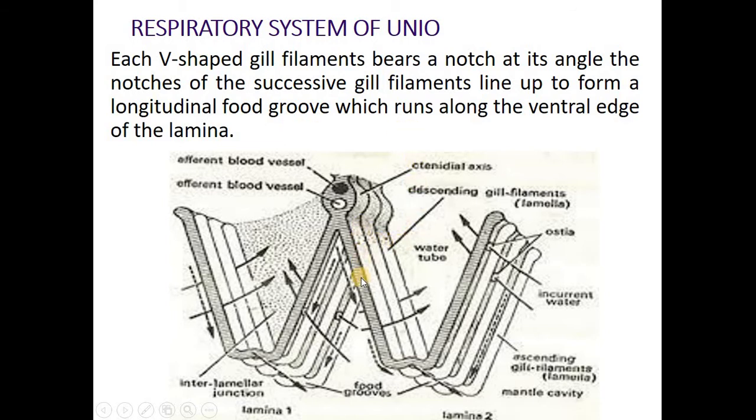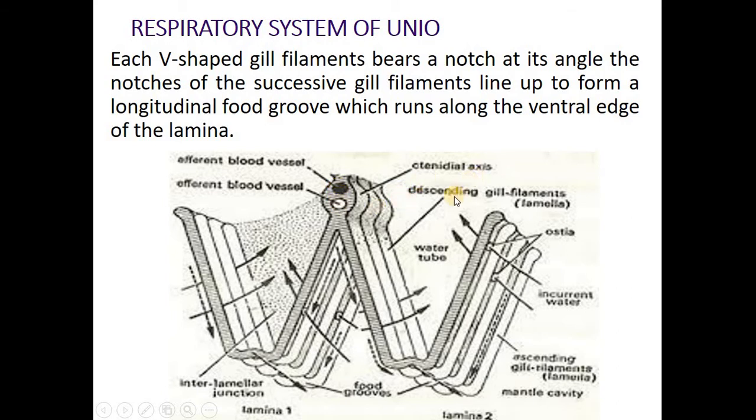Now, clearly we can observe here. This portion is the interlamellar junction, and the afferent blood vessel and efferent blood vessel. Afferent is supplying the blood, efferent is taking away the blood. Now, this is the deoxygenated blood, and this is the oxygenated blood.